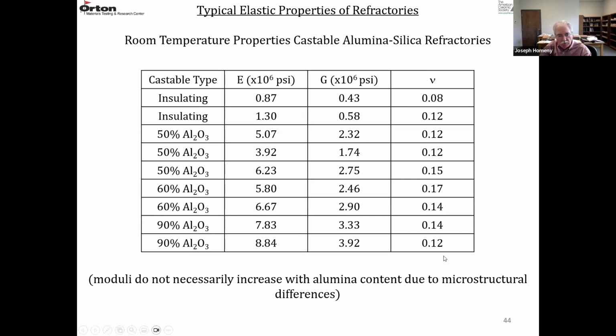These tables show the magnitude of the elastic modulus, the G modulus, and the Poisson's ratio for refractory materials. If you look at all of these tables, 1 million to 10 million, maybe 15 million, for E is typical for most refractory materials, unless they're the dense carbides and nitrides, which are going to be much higher.